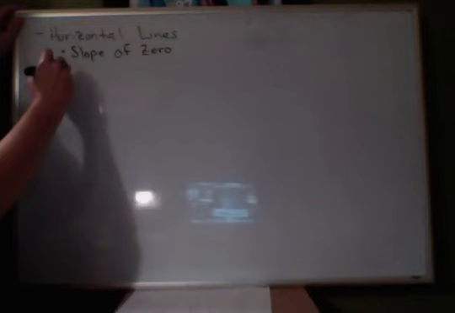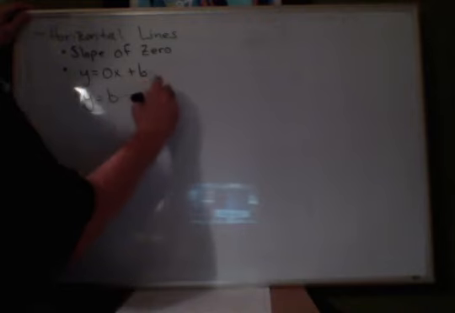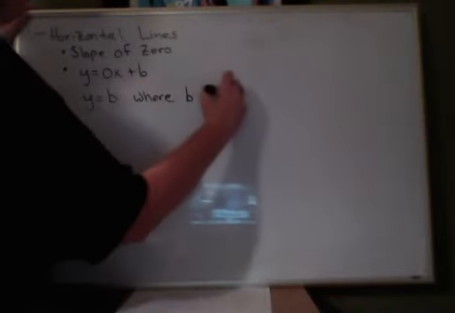So if we think about that, if we were trying to write a slope-intercept equation with a slope of 0, I would have y equals 0x plus b, but 0 times x is just 0, or we end up with y equals b, where b is the y-intercept.